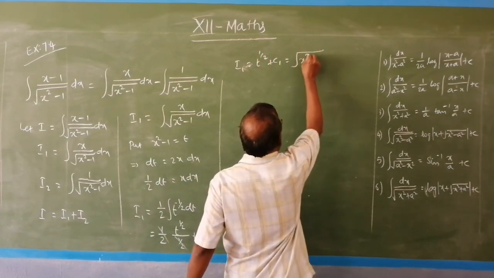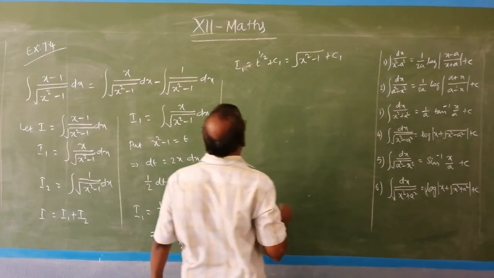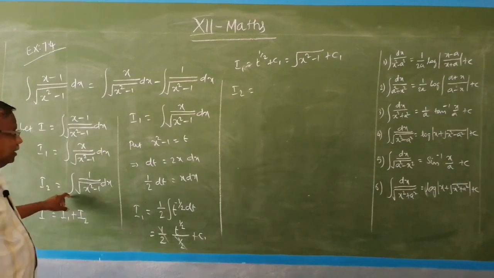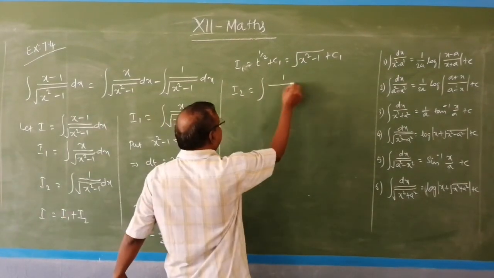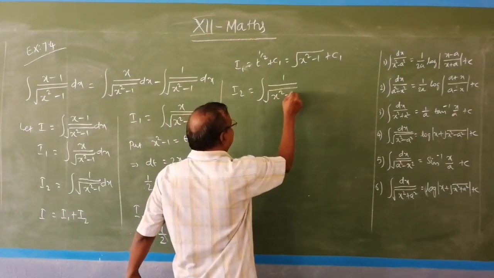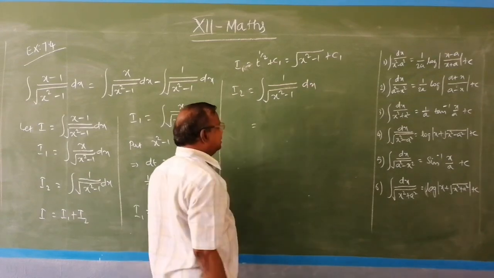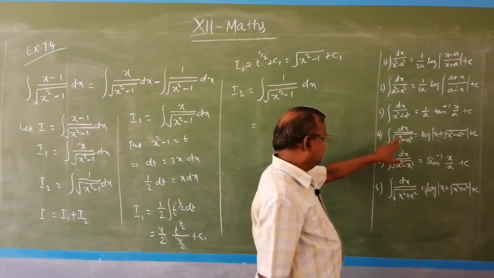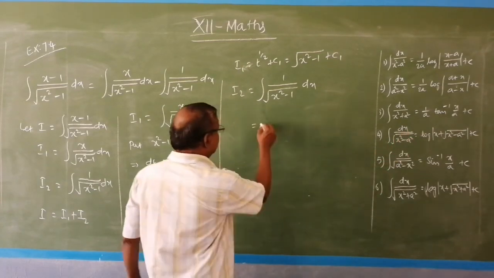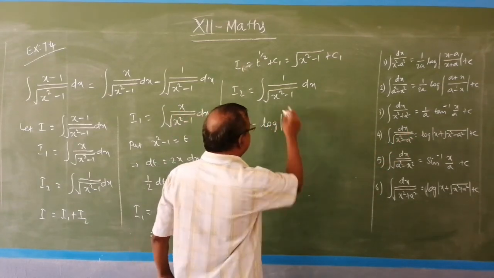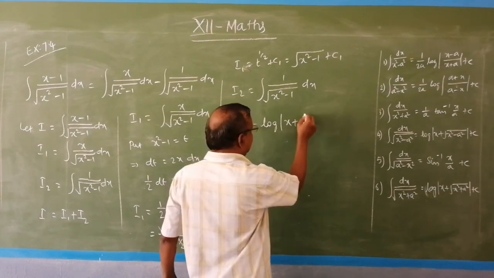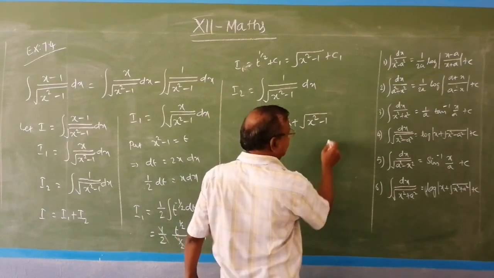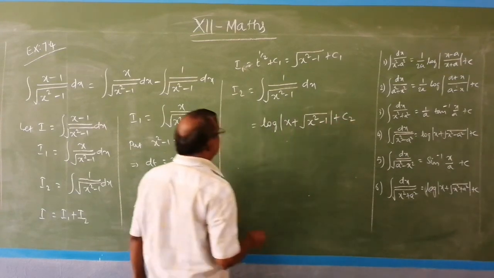That is root of x square minus 1 plus c1, and I2 equals integral 1 by root of x square minus 1 into dx. It is in the form of the fourth formula. So this is log of x plus root of x square minus a square, that is x square minus 1, plus c2.